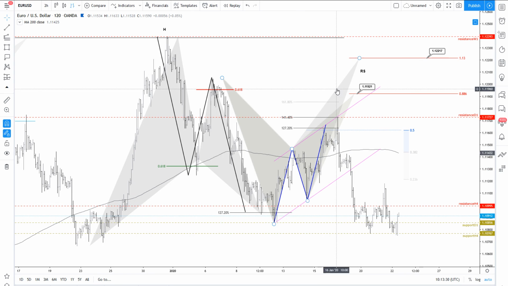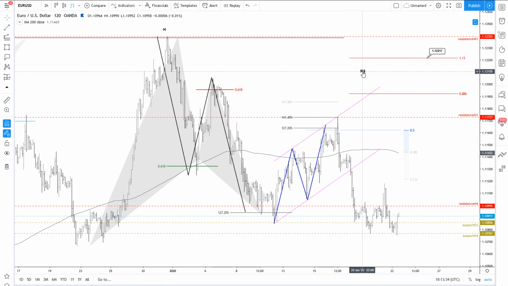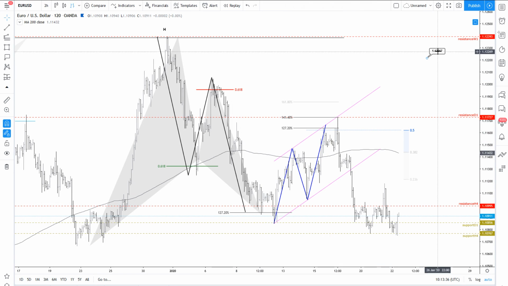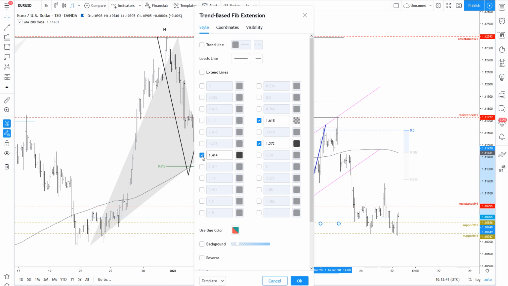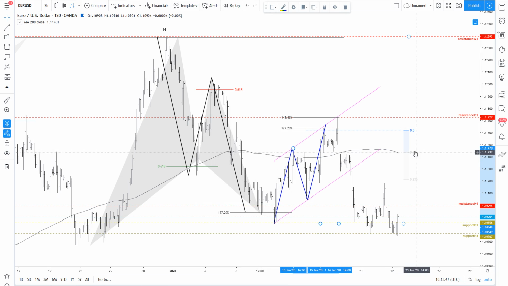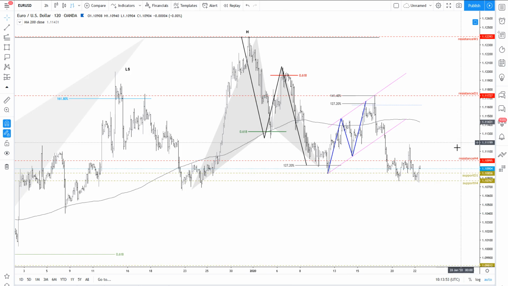This will not happen, so I don't need to pay attention to those fibs anymore, at least for now. I can keep that level there, and I don't need these. So this is what we have at this point.